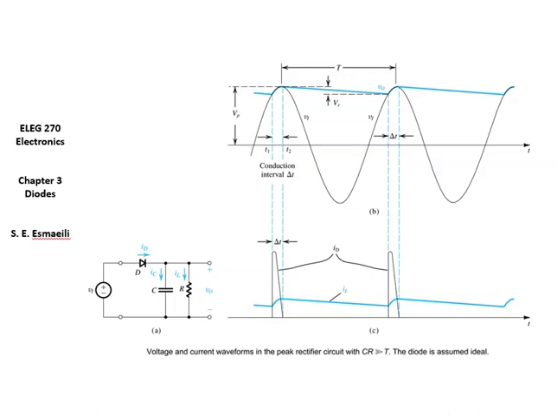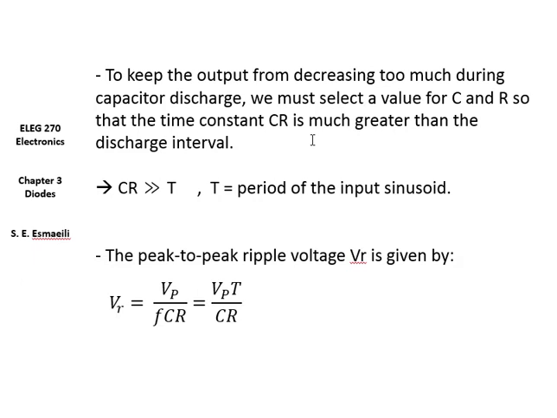If we choose R and C correctly, we will manage to have very reasonable ripples. The time constant is found by CR. So as long as we make sure that CR is much greater than T, which is the period of the sinusoidal wave, we're going to be fine.